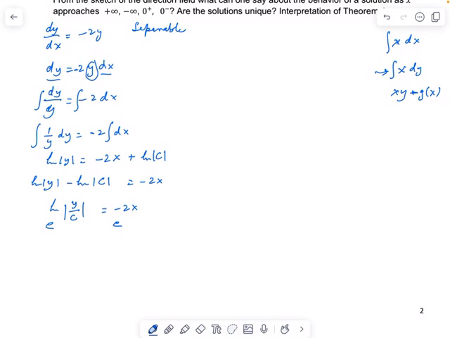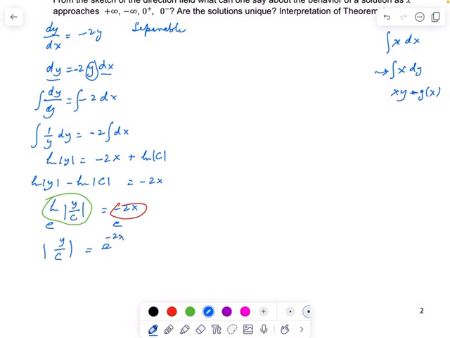So if you think of it like this, e raised to this quantity on the left side, and on the right hand side e raised to this quantity. When you have e raised to ln of something, that becomes just that something. So I have now here y over c, and on the right hand side it is e to the negative 2x.